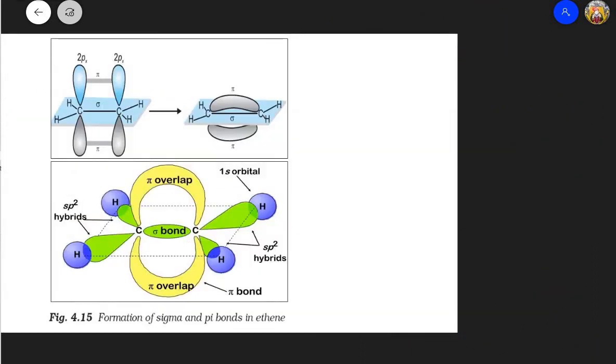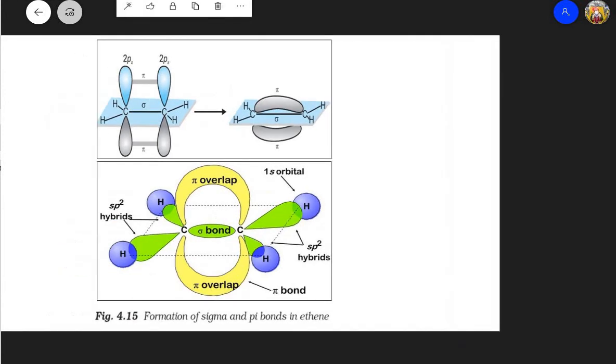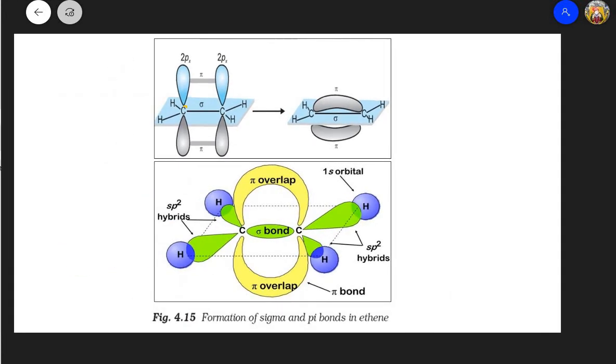Now the same ethene molecule with an effective representation. You can see the carbon atom here and the carbon here, and this is the sigma bond formed between carbon and carbon, whose bond length is 133 picometers or simply 1.34 angstrom, right? And this is the unhybridized p orbital on each of the carbon atoms.